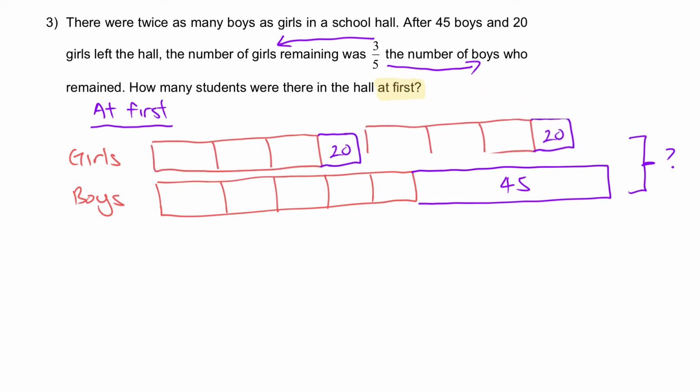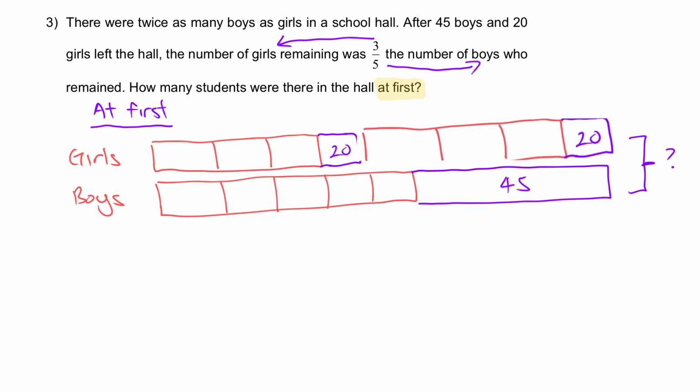It should give me the same number. Do you get the idea of what I'm trying to do here? Since there are twice as many boys as girls, at first, I take this amount and multiply by 2. Then they should be the same already. Am I right?